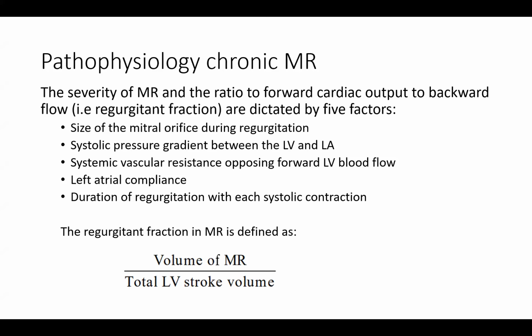So the size of the mitral orifice matters. If you have concomitant stenosis, it will influence the regurgitant fraction. The systolic pressure gradient between LA and LV, differentiating acute and chronic.